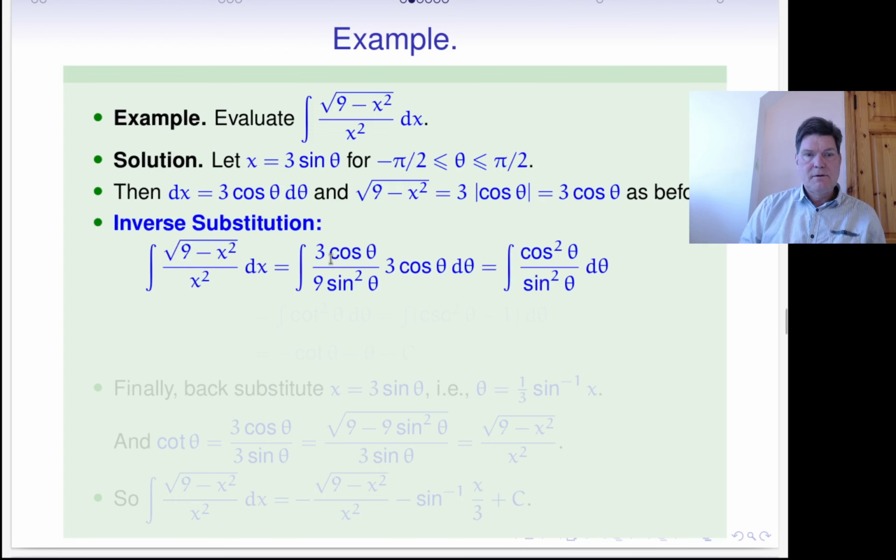And the given integral now becomes the integral over 3 cosine theta at the top, and at the bottom, x squared. If x is 3 sine theta, then x squared is 3 squared times the square of sine theta, right? So that's 9 sine squared theta. All of this followed by dx, which now is 3 cosine theta d theta.